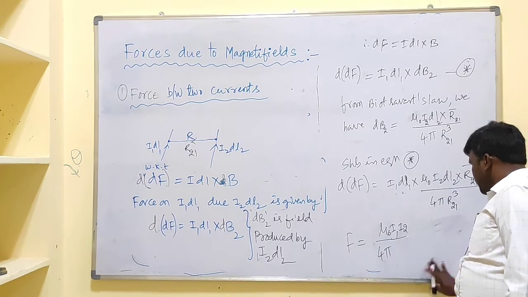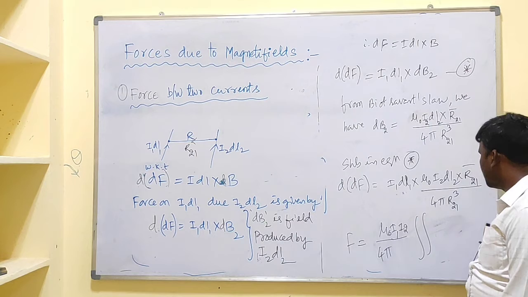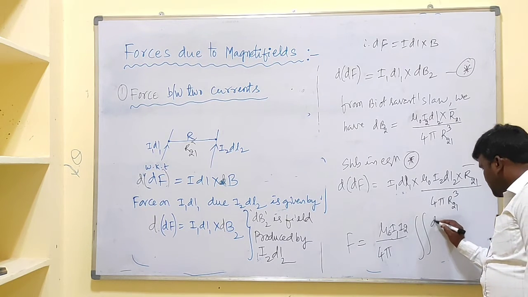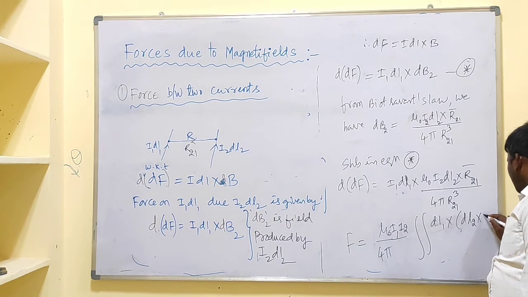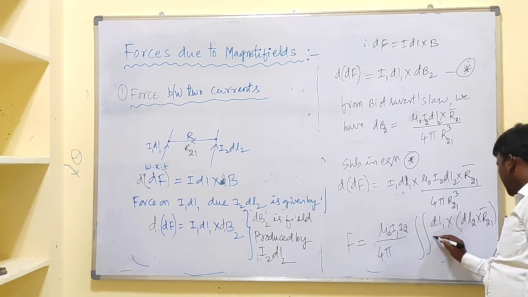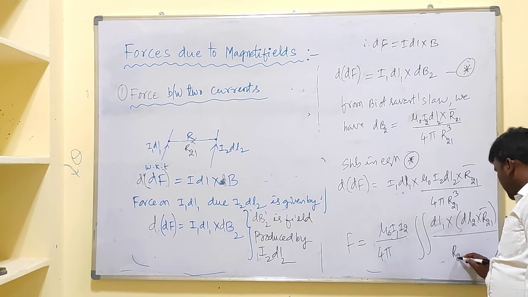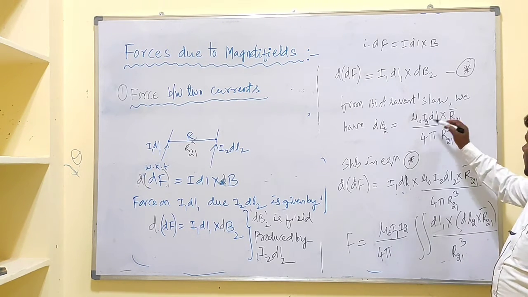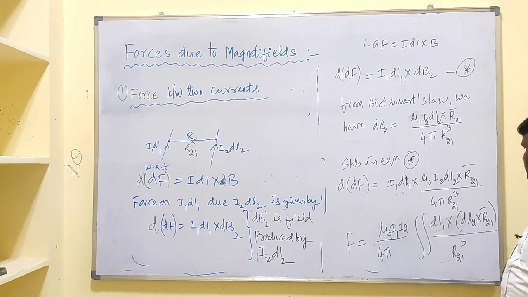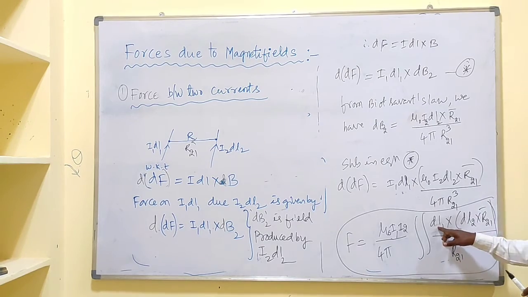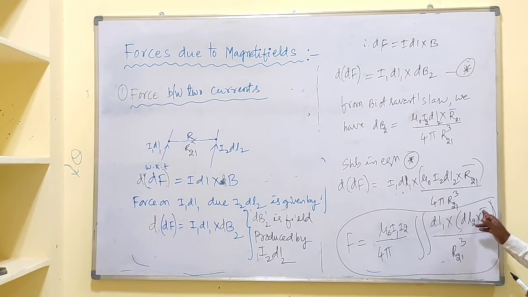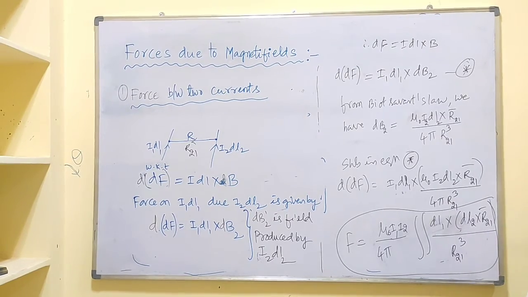We can write the double integral of dl1 cross dl2 cross r21 bar by r21 cube. This is the force on the first current element. If it is the second current element, we just need to take dl2 here, dl1 here, and r21 changed to r12.